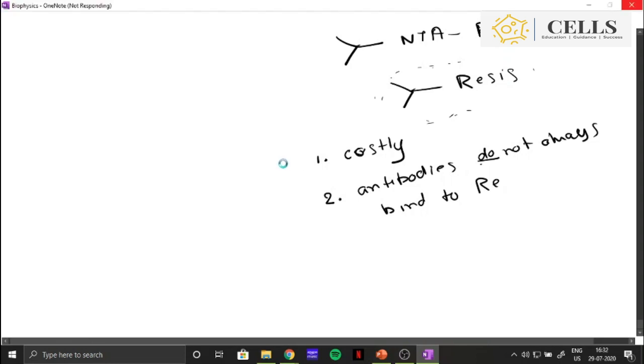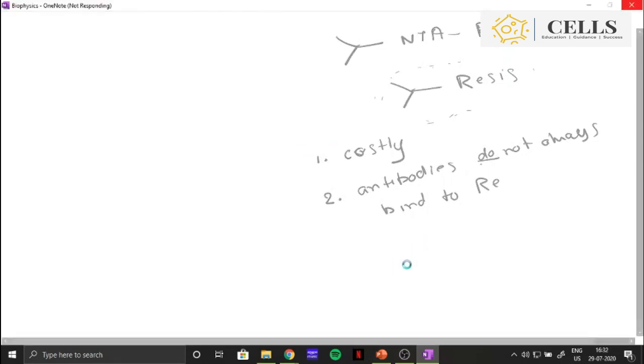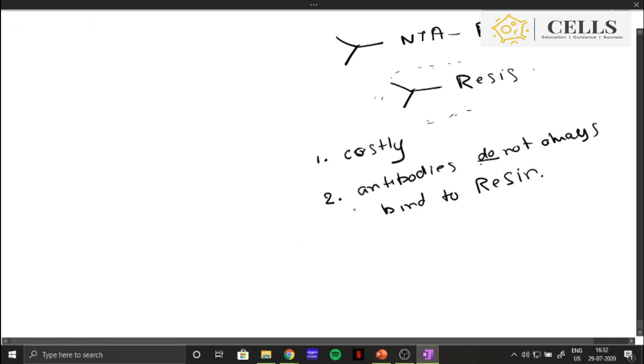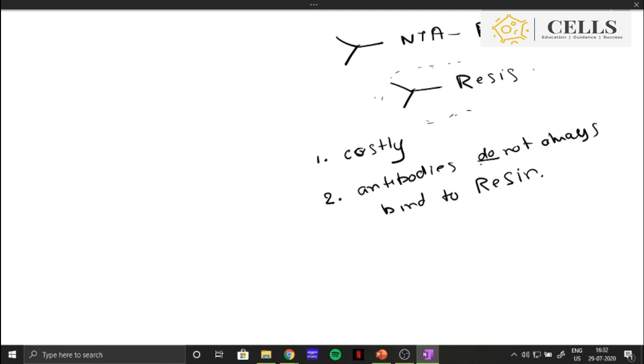These are two of the challenges. But if you want to make an antibody bind to a resin for a specific protein for separation, you can always do it. It is not theoretically impossible, but it's practically not feasible. So if you have any question, write in the chat box. I'll answer it within a few minutes.